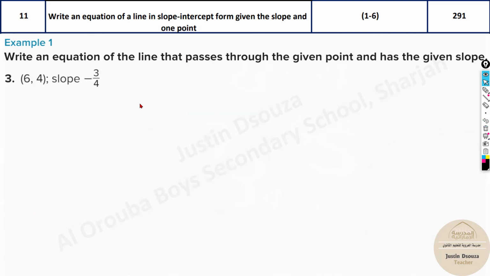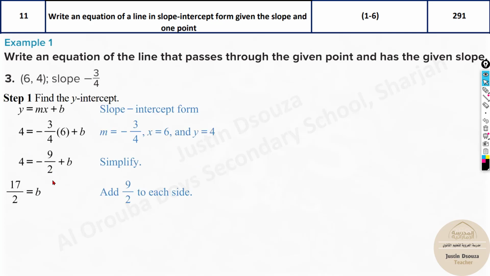Now another problem, please do this problem by yourselves and then check for the answers. Here we can just directly do the slope intercept form y equals mx plus b, substitute all these values, and find the b value. That's step 1. If you're getting difficulties, just use calculator and do it. Otherwise, over here 9 by 2 is 4.5. So when you take it over here, it will be positive 4.5. This is 8.5.